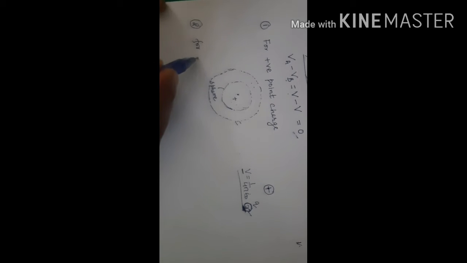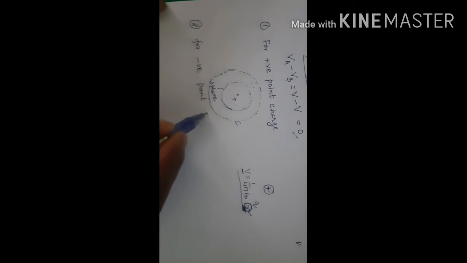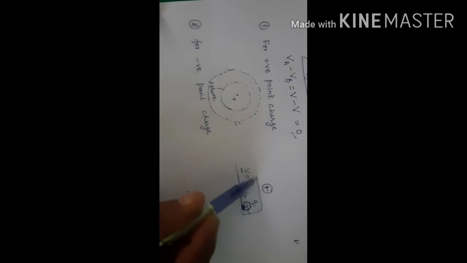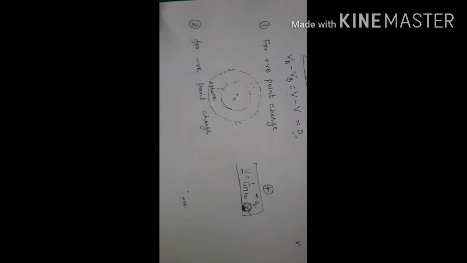For a negative point charge, I draw it here. So this is your negative charge. Again, the potential due to this point charge is given by this relation, but here the charge is negative Q. The magnitude of charge is the same.